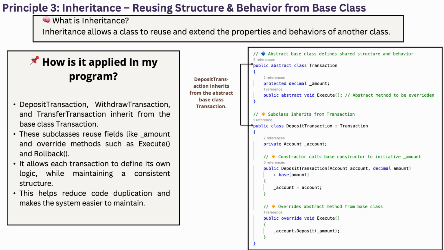As you can see on the slide, a line like DepositTransaction colon Transaction means that deposit transaction inherits from the transaction base class. It automatically receives all the structure and functionality of the parent class, and then it overrides the execute method to implement its own deposit related logic. This design helps reduce code duplication so that all transactions follow a consistent pattern and makes it easier to add new transaction types in the future without changing existing logic.